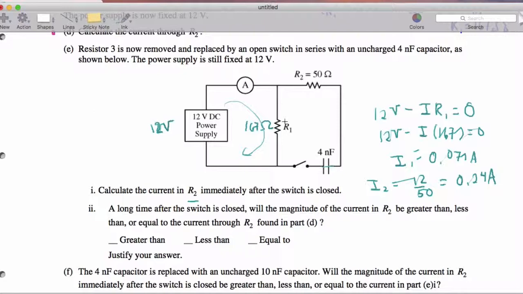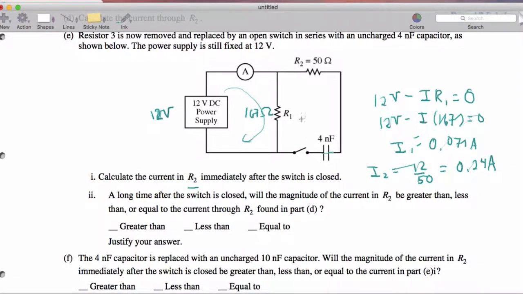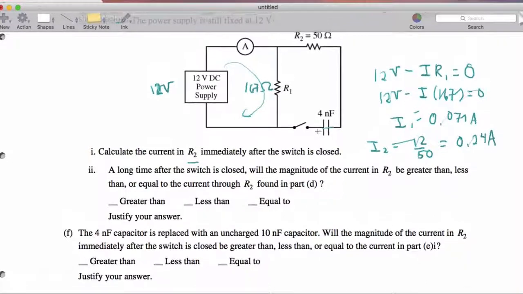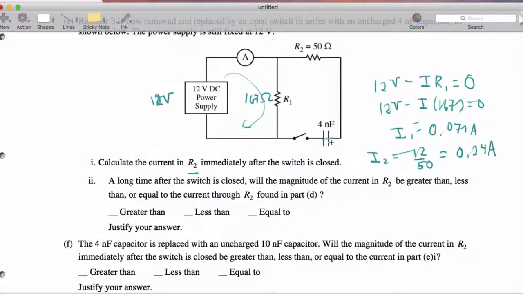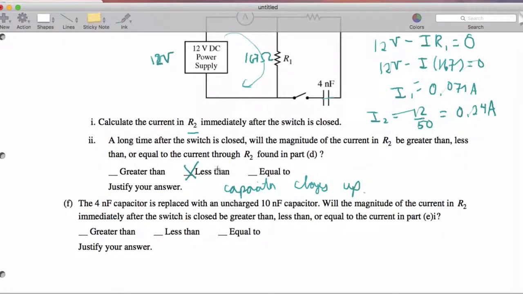Moving on. After a long time the switch is closed, what's going to happen to the current in R2? After the switch is closed, this capacitor is going to charge up. So we're going to have less current because the capacitor charges up. Lastly, if we replace the capacitor, R2 doesn't change because both act like a wire at t equals 0.